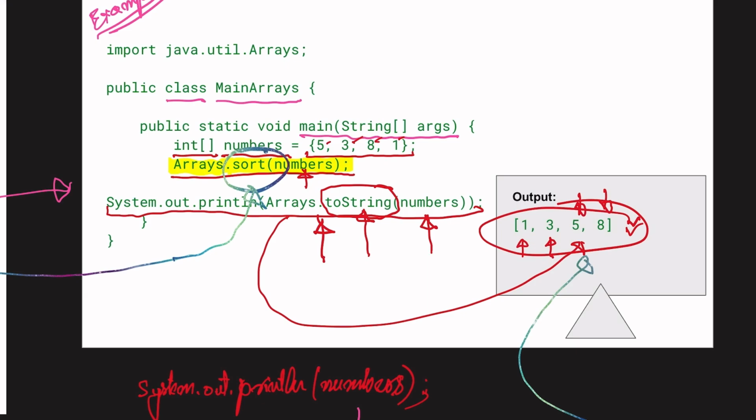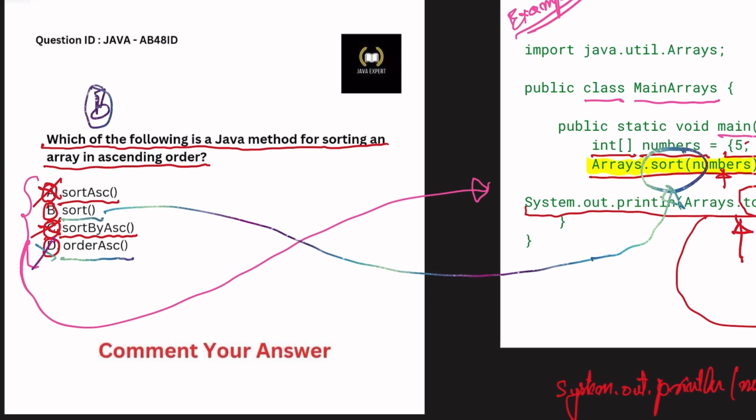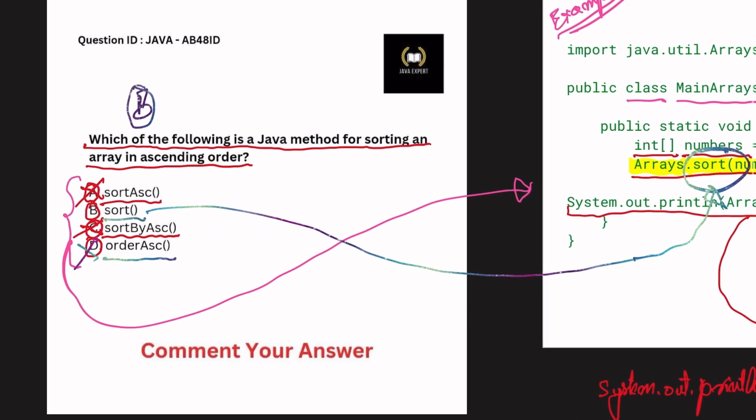Arrays.sort by default sorts in ascending order for numbers and lexicographically for strings. So only one option is correct, that is option B. Let me write here, B option is correct.